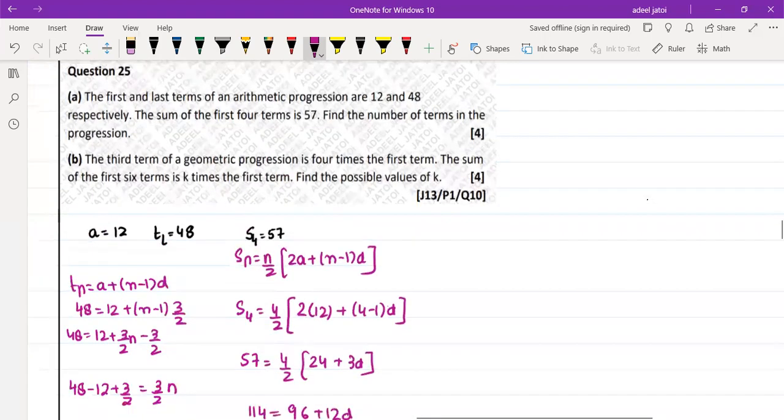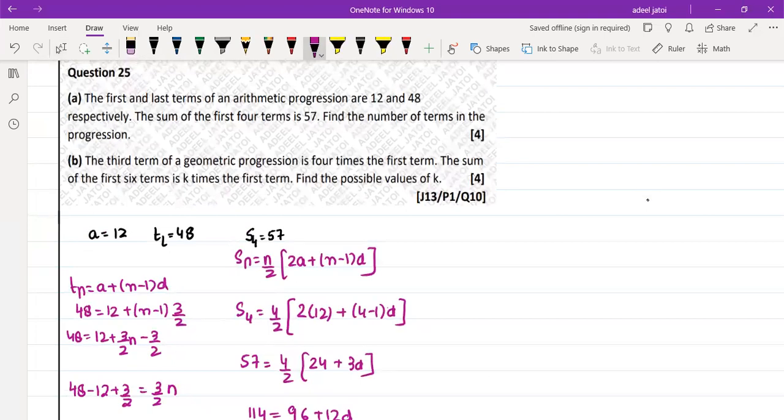And then the question says the sum of the first 6 terms is k times the first term.